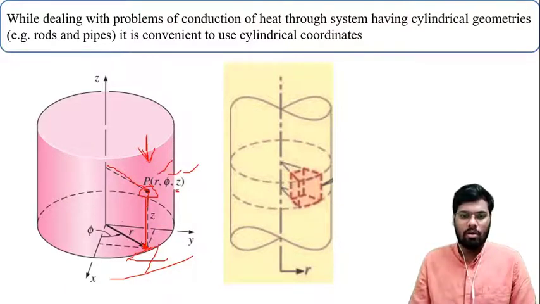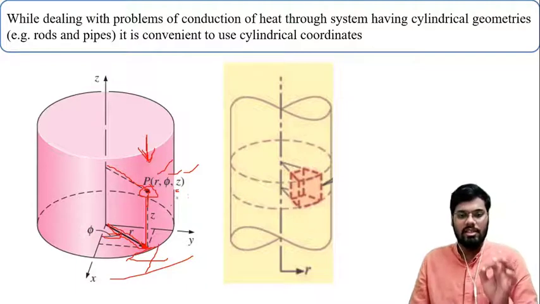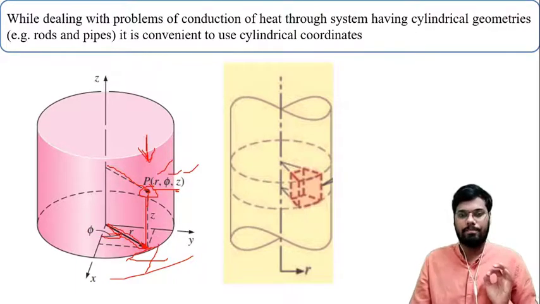And if I draw a connecting line from the center of xyz to this projection, then it will make some angle with the x-axis, and that angle is phi. So these three variables are enough to locate the exact location of this point.